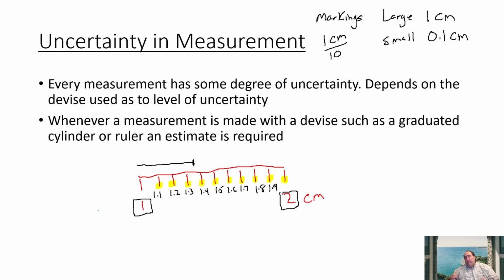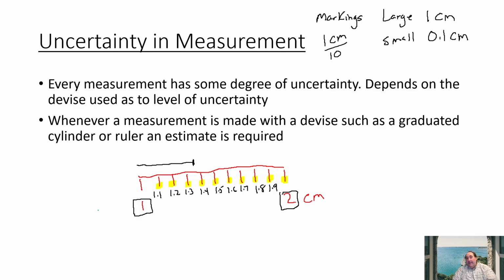So once we figure out what the large markings represent, and what the small markings represent, we're ready to start taking our reading. Whenever you use any piece of equipment, regardless of who takes a look at it, there's always certain markings that everybody would agree upon. There's no argument.